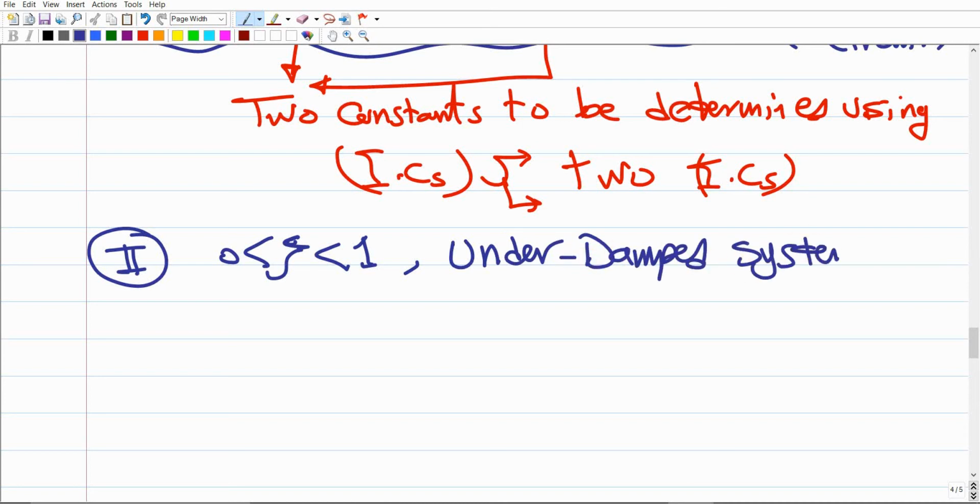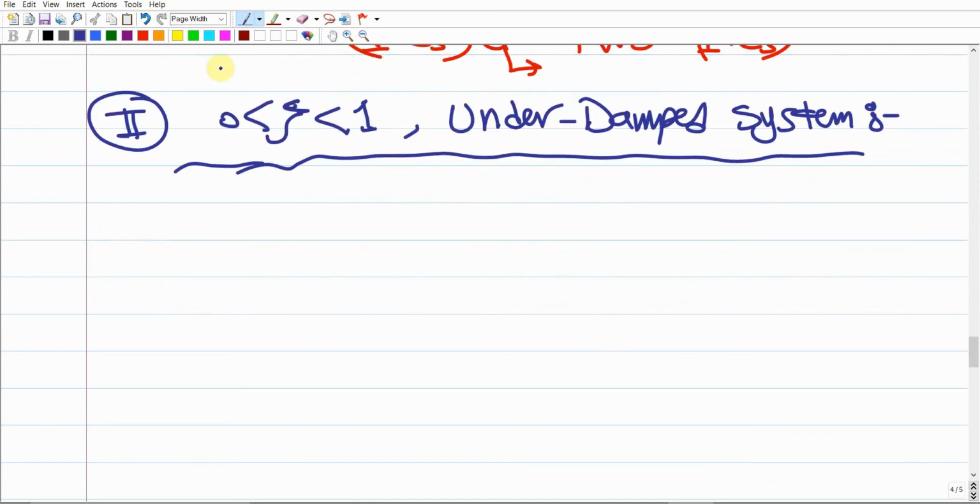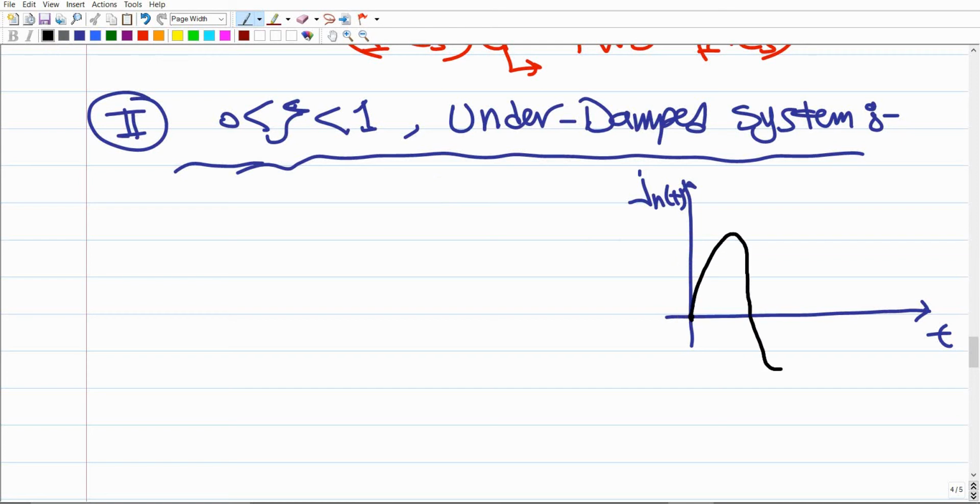Underdamped system, what does it mean? It means that there should be a decrease in the amplitudes of the current. If we plot the IH, the homogeneous part of the solution of the current, versus the time t, the current will start with high amplitude. For example, it can start from 0, but with very high amplitude in the first cycle.